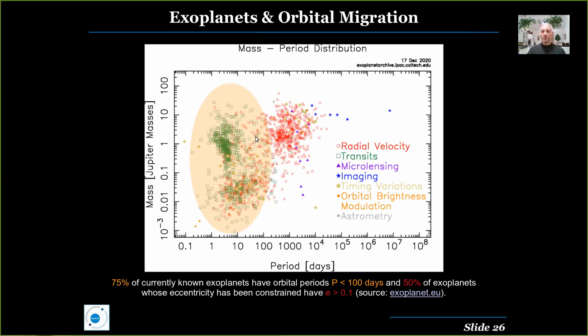By comparison, the orbital period of Mercury is around 90 days. And given that most of the stars are similar to the Sun, this means that the vast majority of the exoplanets we know today, both super-Earths and giant planets, orbit closer to the star than Mercury in the solar system.